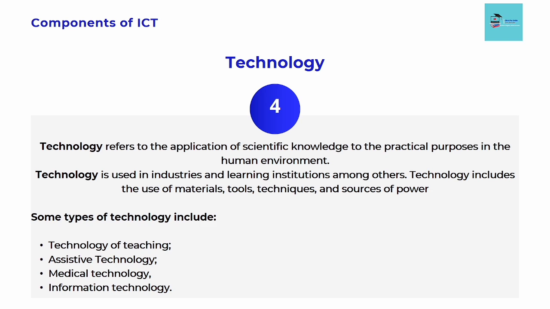Some types of technology. Teaching technology. This is the technology used in the teaching and learning process or teaching and learning institutions. Assistive technology. It is technology designed to help people with difficulties, like people with disability. Medical technology.